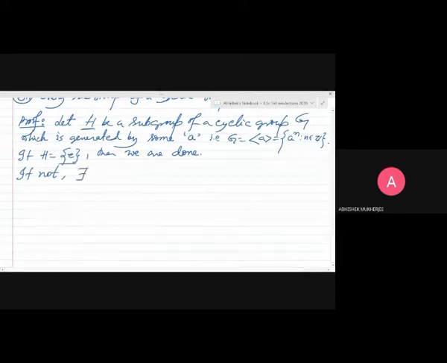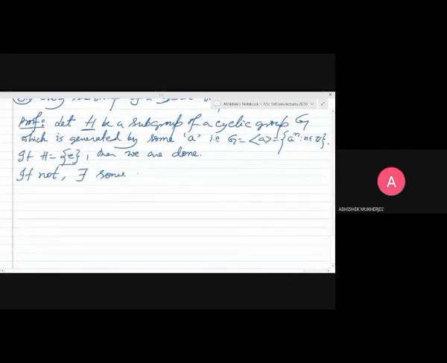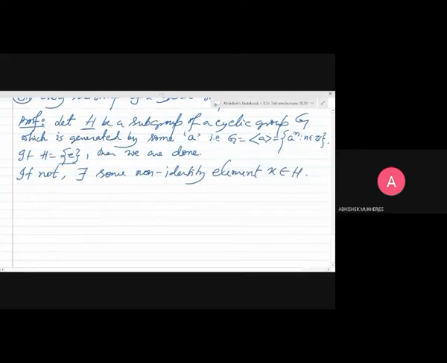there exists some non-identity element x belongs to H, right? So H must contain some non-identity element x. But being a subgroup of G, this x is itself in the whole group.